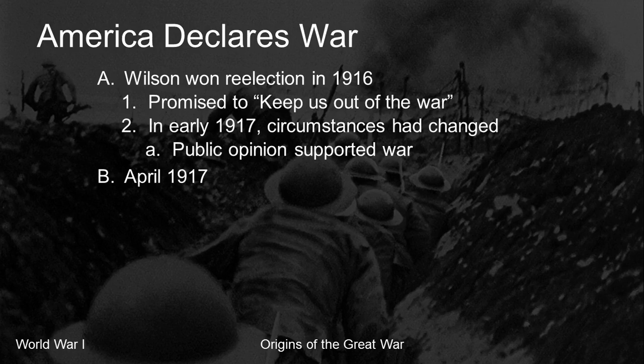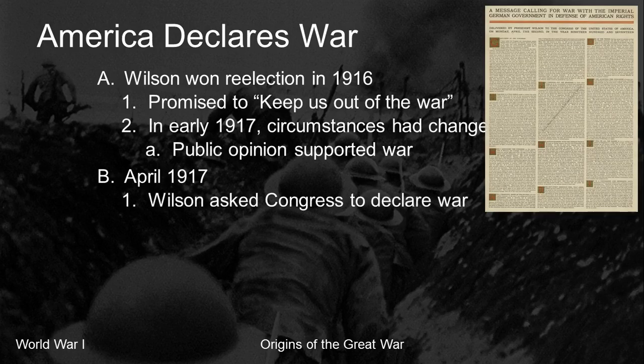So on April 2nd of 1917, Wilson is going to go to Congress, and he is going to deliver his address, a message calling for war with the Imperial German government in defense of American rights. Bonus points if you can walk in the room and point to a primary document that has to do with that.